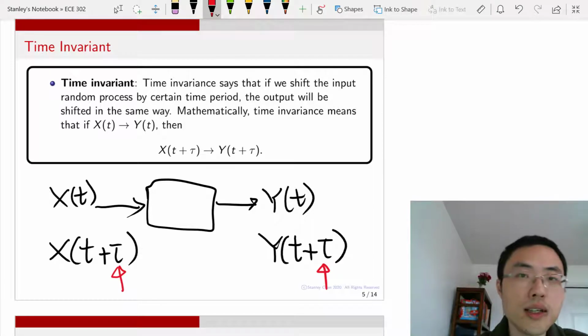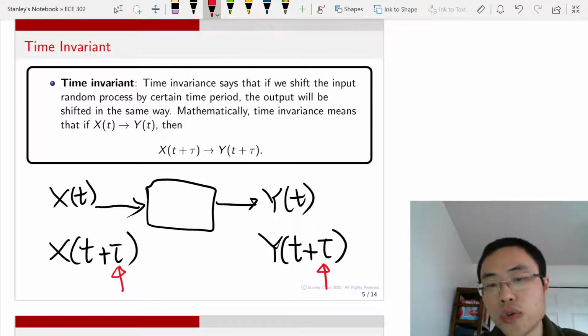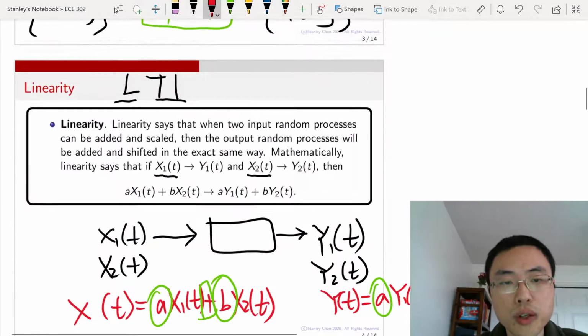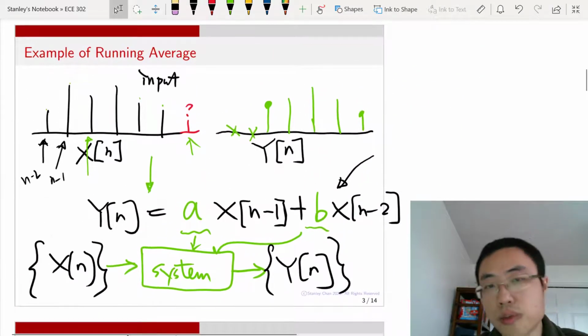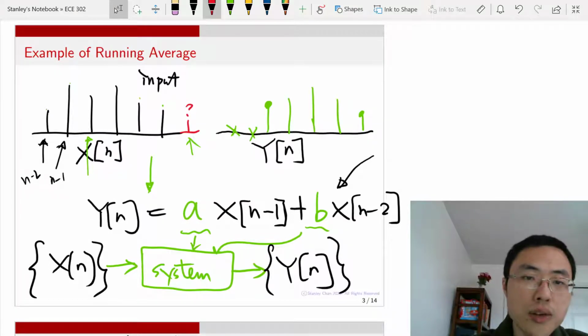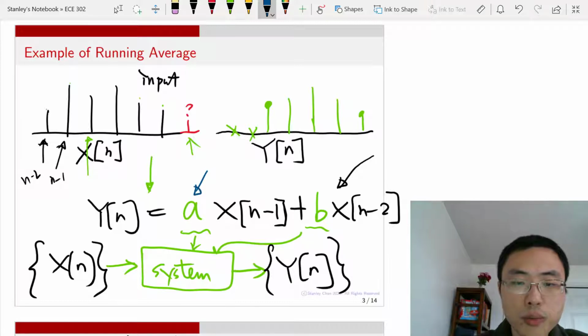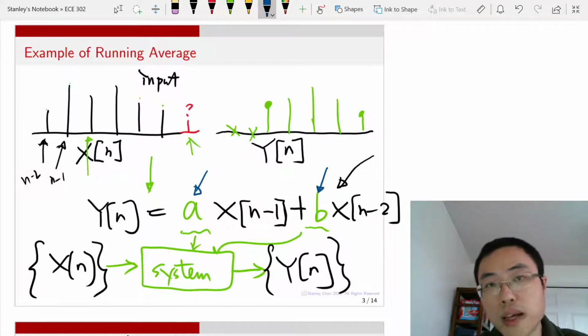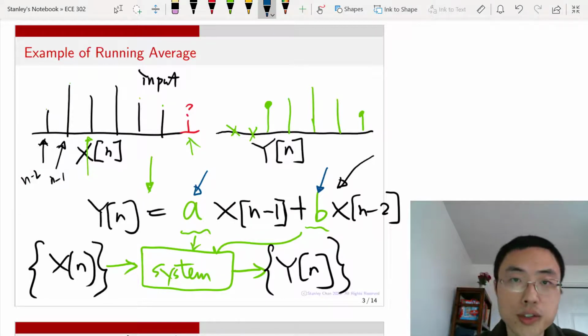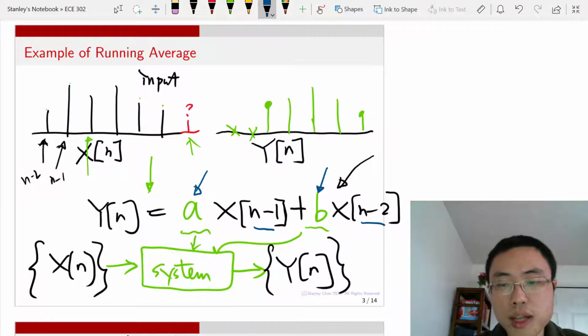Now, by looking at this linear time invariant system, you realize that it is really the system that we want to know, because if you think about this running average problem, the linearity is essential to allow you to deal with this operation A and B, because you're multiplying the signal with two constants. The shift invariance is significant because as you are moving along this time axis by changing these two indexes, the corresponding output has to change.